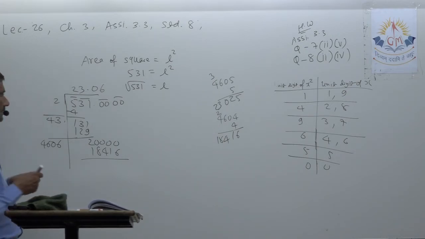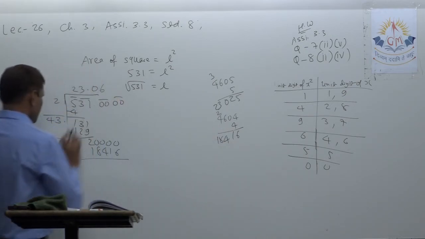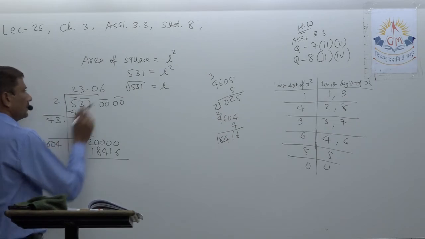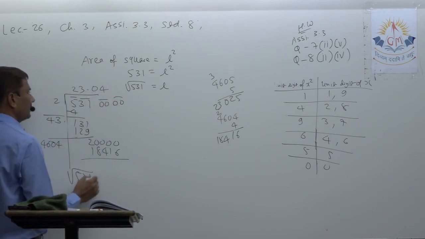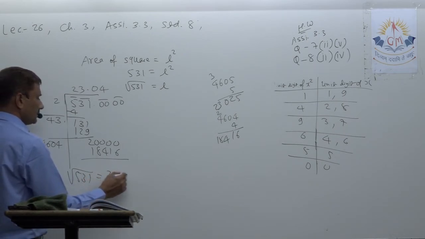Sorry, 23.04 only. No? This is 4604 into 4. So we got root 531 equal to 23.04.